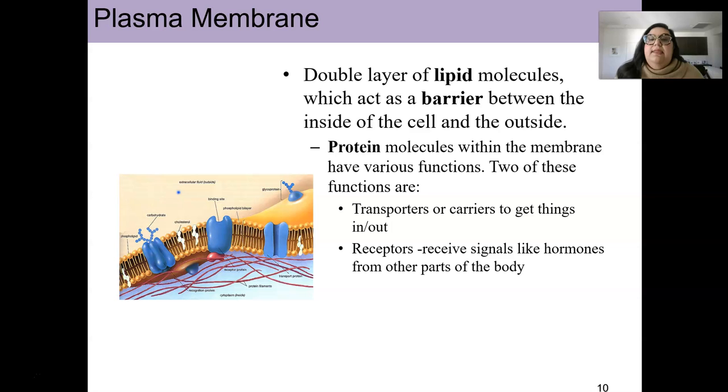And the protein molecules within the two membranes have various functions. Once the protein gets delivered there, they can transport, they can receive information. There's a lot of things going on at the plasma membrane.